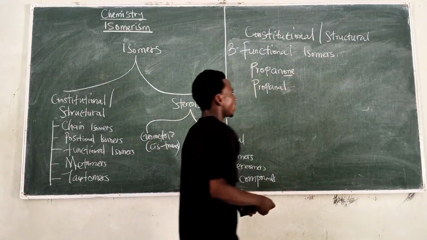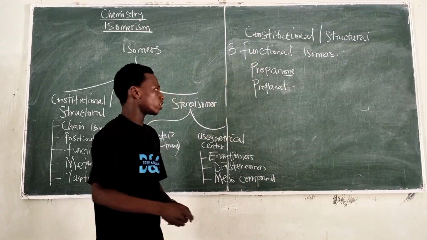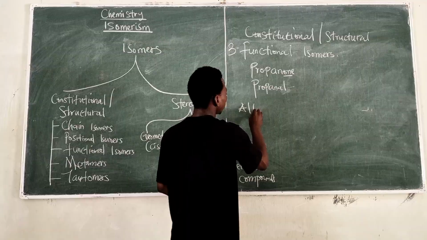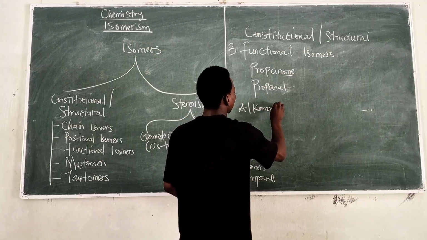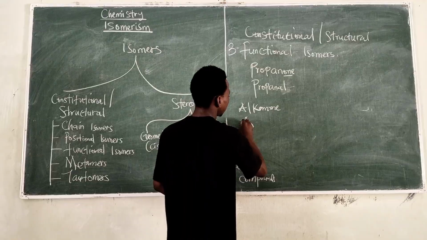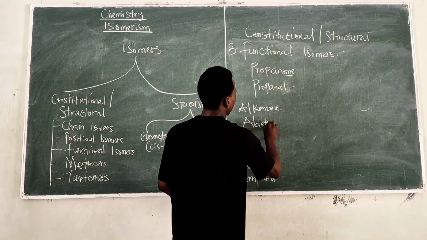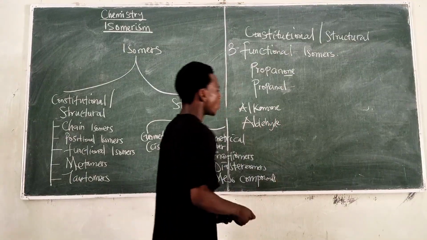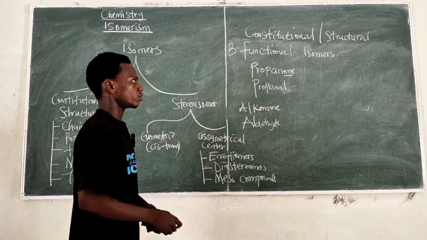The ONE in propanone is indicating the alkanone functional group, also called the ketone functional group, while the propanal is indicating the aldehyde, also called the alkanal functional group.